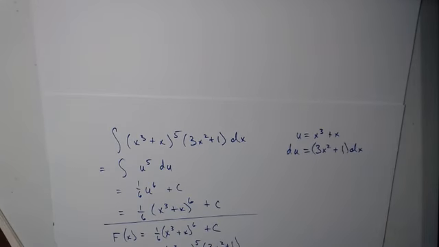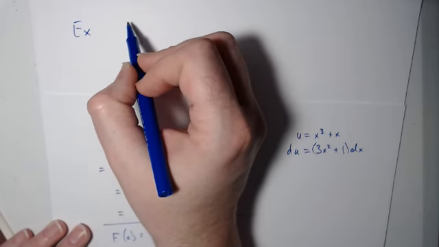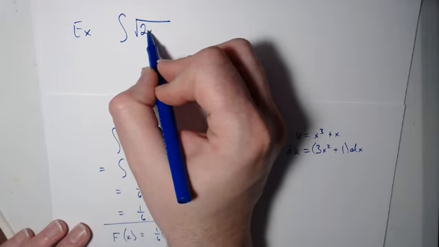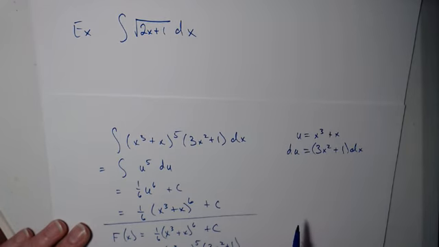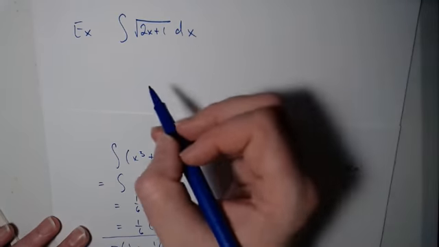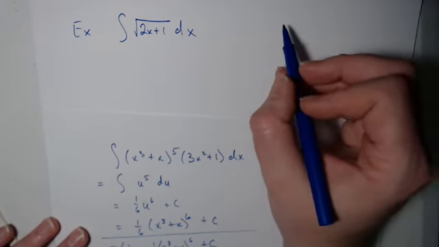Let's do another example here. So let's take the antiderivative of the square root of 2x plus 1 dx. So here we have a case where this is not an easy integral to do unless we make a substitution.